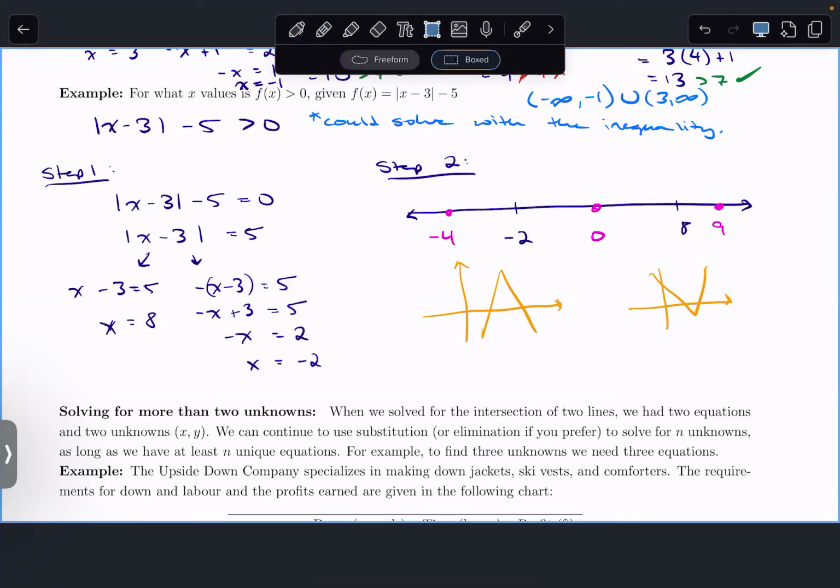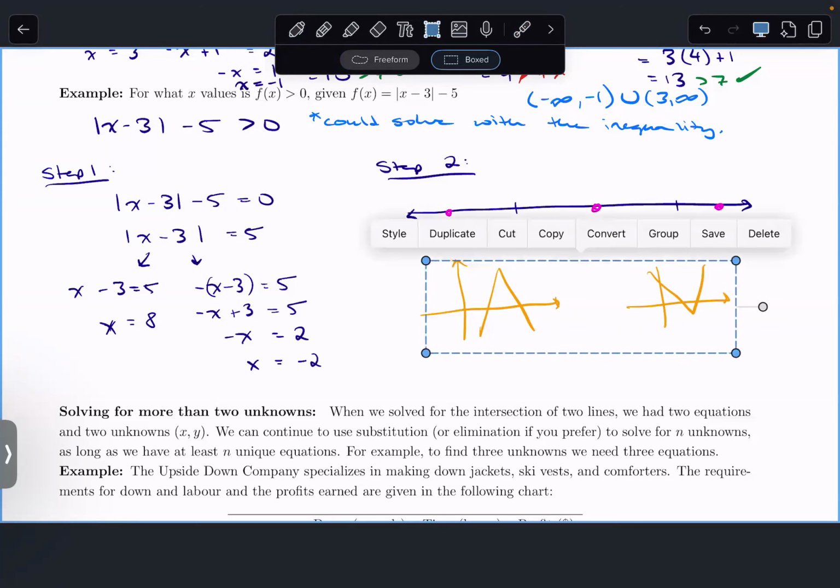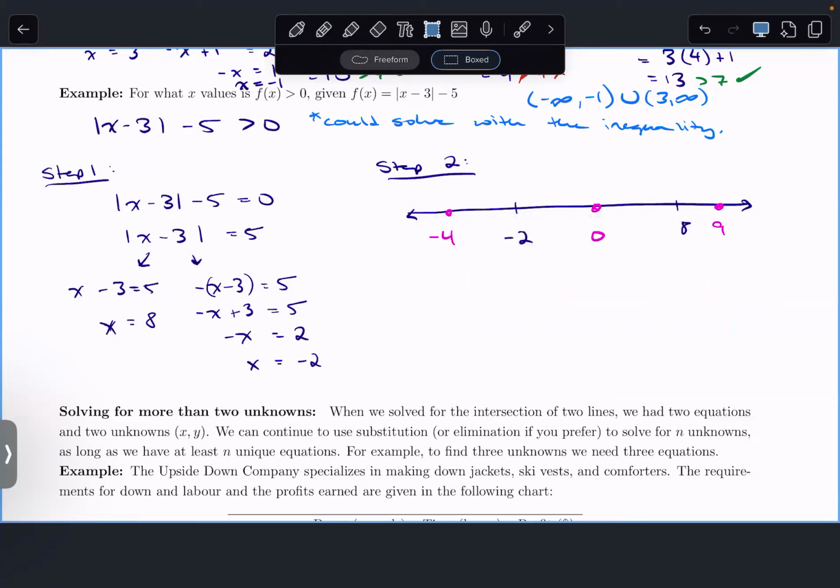So without having to draw them, because no one likes drawing the graphs, the test points are safer. You can do test points in your head, but you would still be using test points, so why not just write them down, right? You don't have to do step 2, but I think it's the easiest, most mindless way of doing it, at least for me.